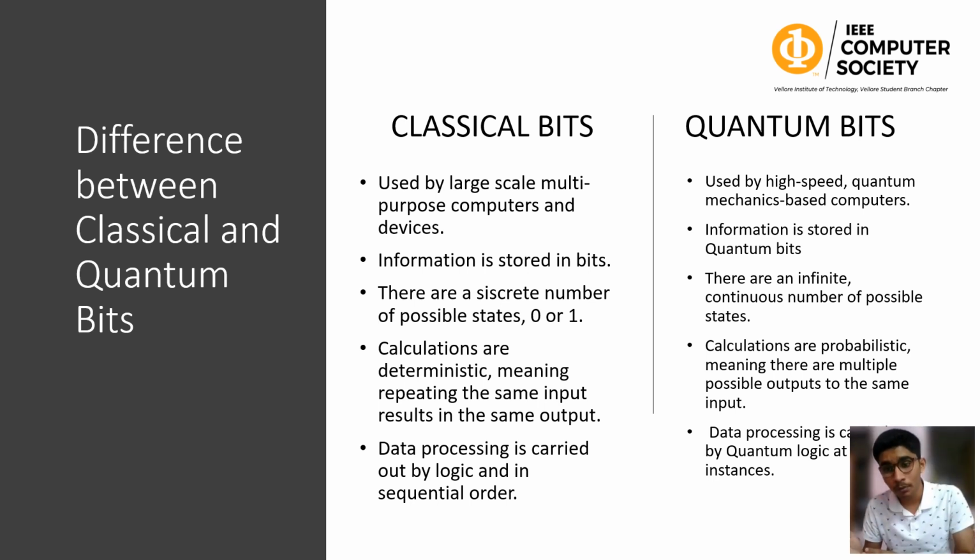But in quantum computers, data processing is based on quantum logic at very parallel instances. So if you want to perform 2 plus 4 plus 6 plus 8 plus 10, a classical computer does the work by adding 2 to 4, then adding 6, then adding 8, then adding 10.